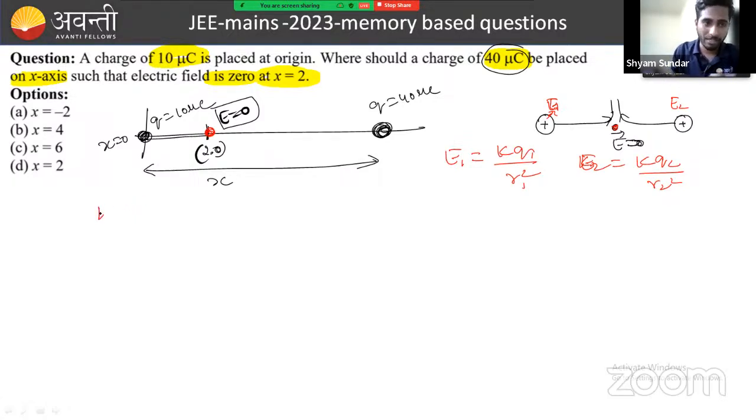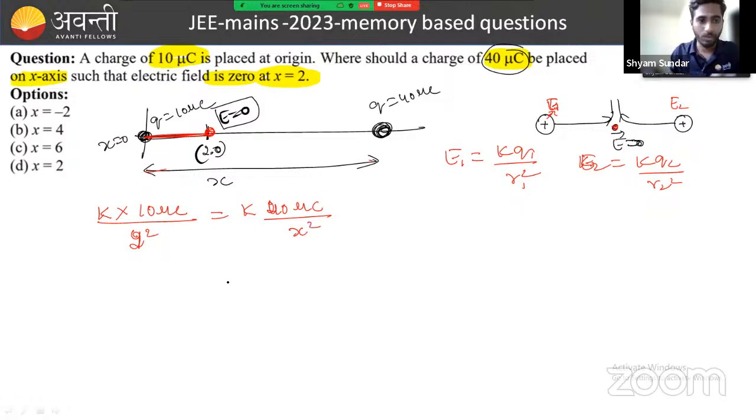Look at it. k Q1, which is 10 microcoulomb, divided by R1 squared. Q1 is at 2 units distance from the point where the field intensity is 0, so I write 2 square, which is 4. This equals k times 40 microcoulomb divided by the square of this distance, x square.